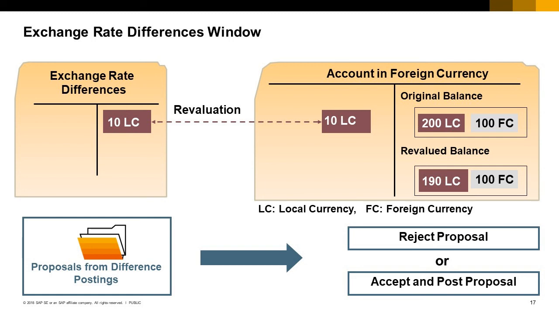Periodically, you have to revalue the foreign currency account balance with the exchange rate of a closing key date. This action is performed in the Exchange Rate Differences window in the Financial module. When executing this function, the system generates a list of proposals for difference postings in local currency. You can then accept or reject each proposal individually.